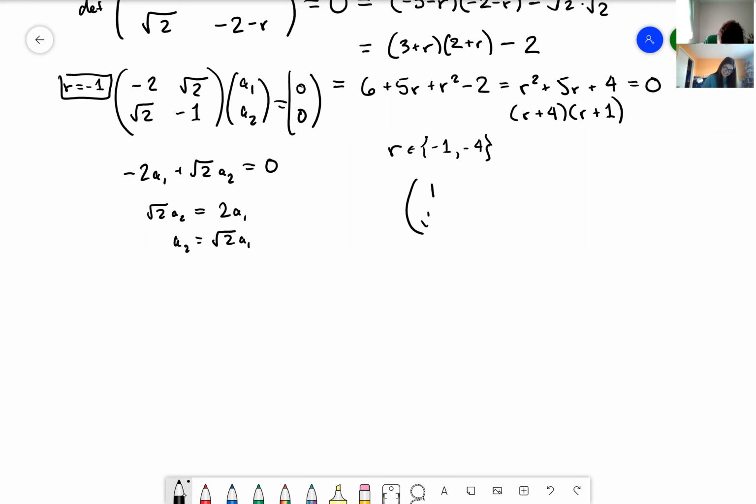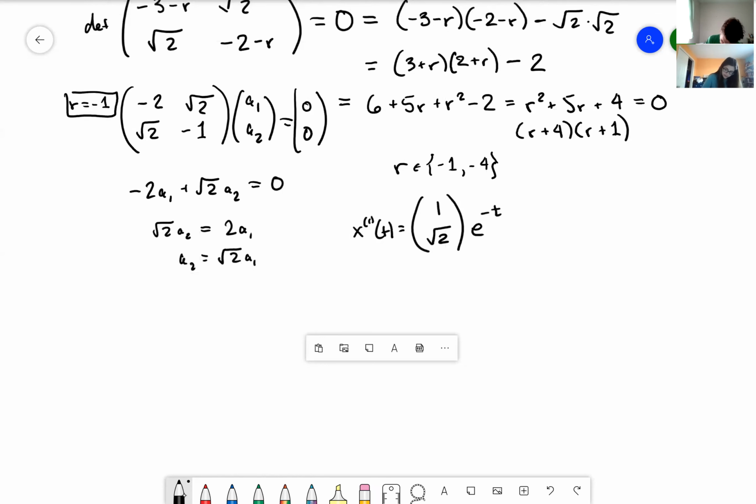Anyway, this is our vector, our eigenvector, and then we get e to the minus t. That gives us our exponential component. And so our first solution is this. And now our second one, r equals negative 4.